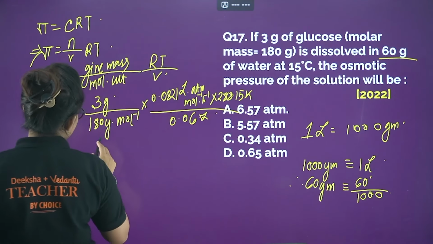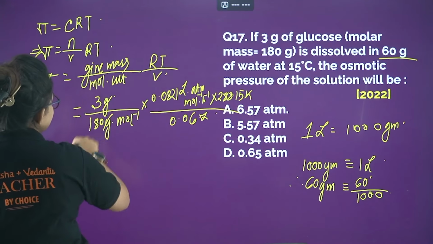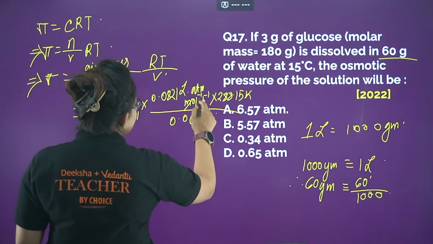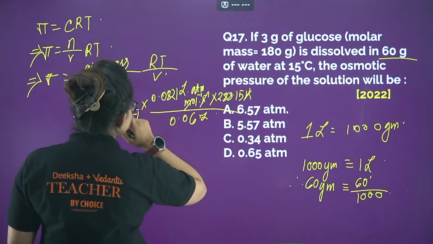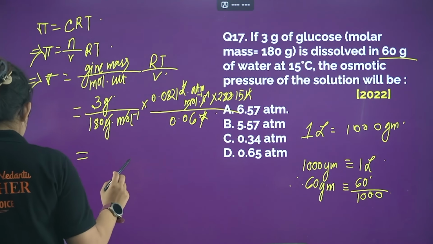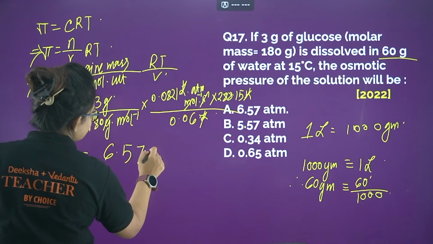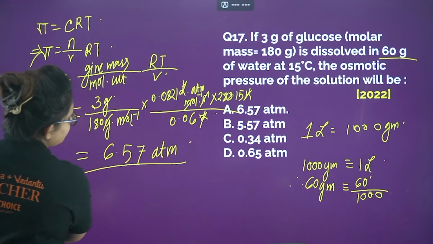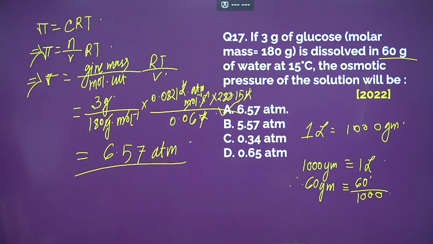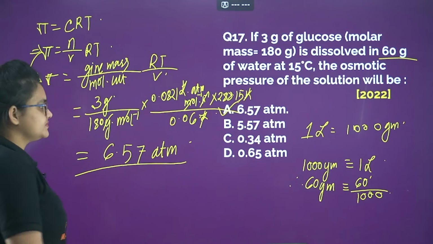So if you calculate the entire thing, gram will be cancelled out, mole inverse will be cancelled out, Kelvin will be cancelled out, liter will be cancelled out, you are getting only atmosphere. And if you calculate the value, it will come as 6.57 atmosphere. So option A is going to be the correct one. I guess you understood. Let's proceed for the next one.